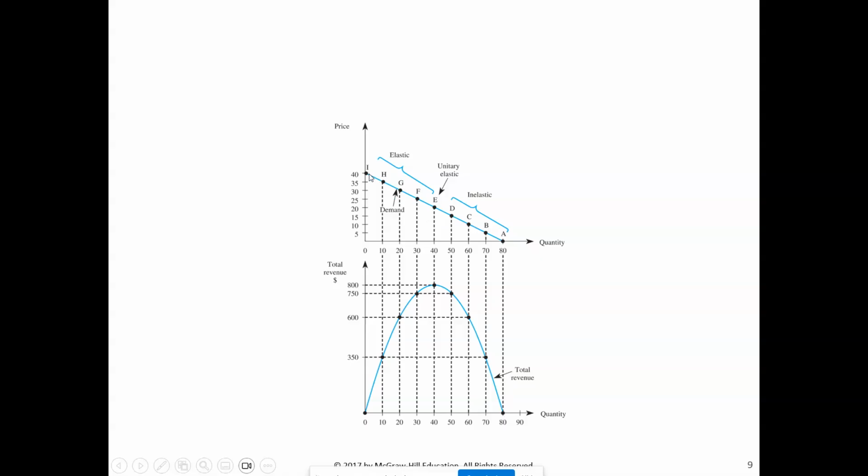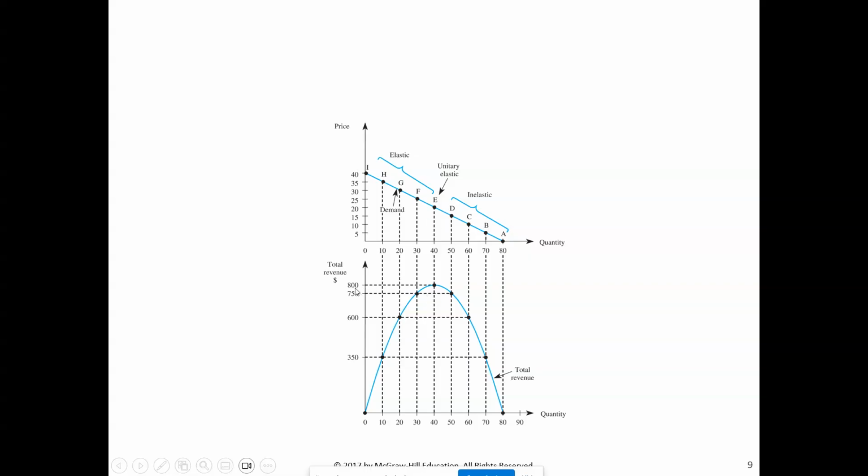And we can say as demand moves from upper left to bottom right, at first, whenever price decreases from 40 to about 20, total revenue increases. Price and total revenue move in opposite directions whenever demand is elastic.